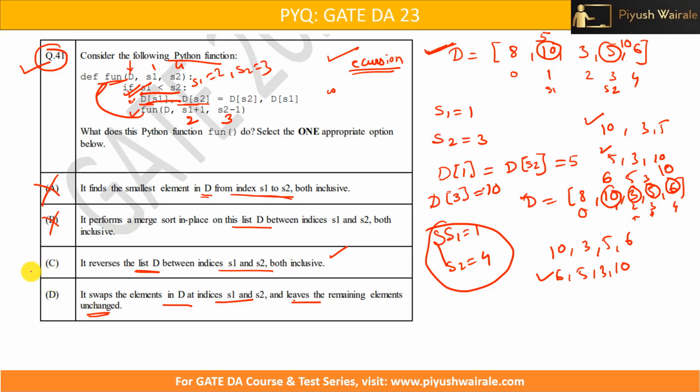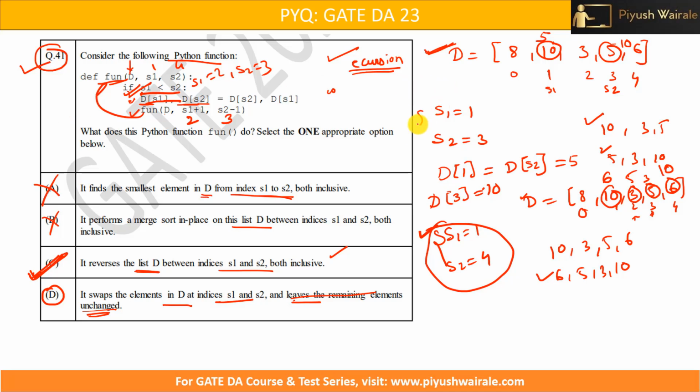It means that the correct option is C only, because what option D is saying is that it swaps the elements D at indices S1 and S2 and leaves the remaining elements unchanged. No, this is not true, because if you consider the earlier case, then option C is correct, right? So please be careful while considering the sample case for this type of question, okay?